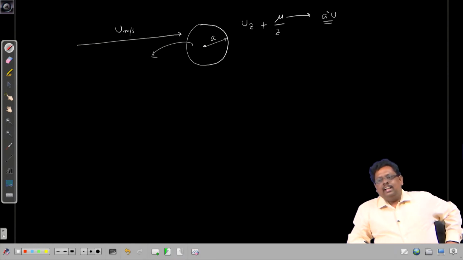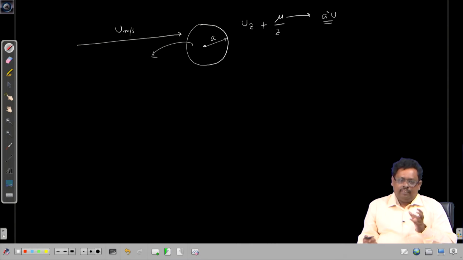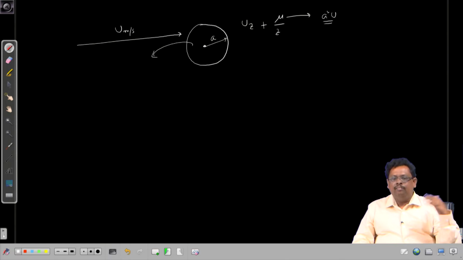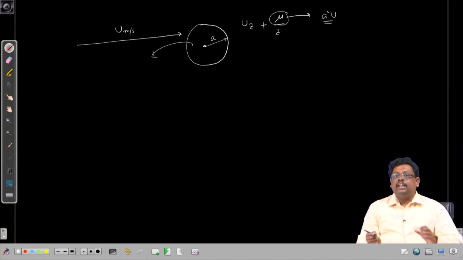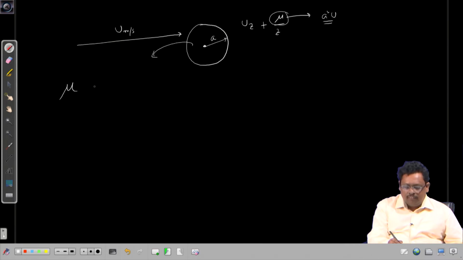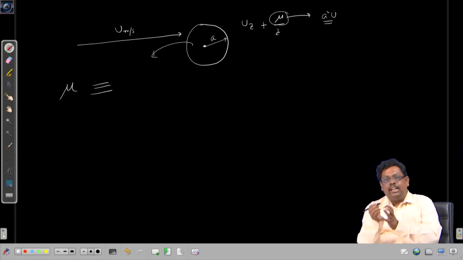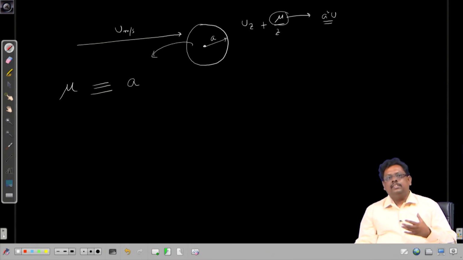It means that if I try to find the flow past a cylinder of some radius a, b, c, whatever, then I first have to find the strength of the doublet, and you see that this strength of the doublet mu is related to the geometric parameter, which is the radius of the cylinder.